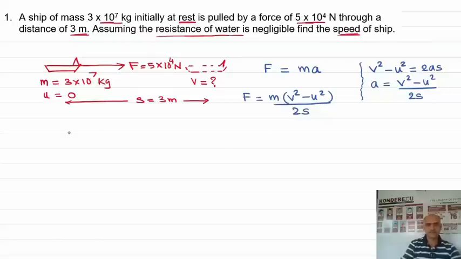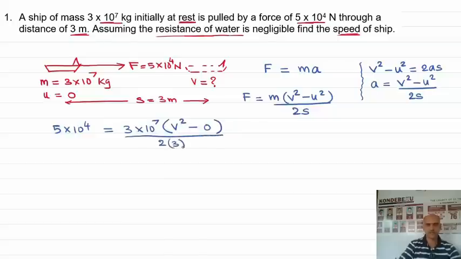If I substitute, F is 5 into 10 raised to 4 is equal to mass 3 into 10 raised to 7, into v square, v we are required to find, initial velocity is 0, whole divided by 2s, that is 2 into 3.